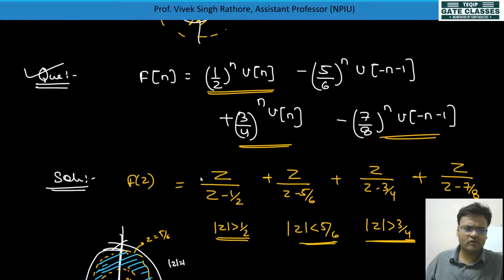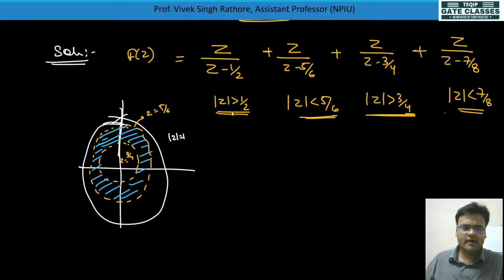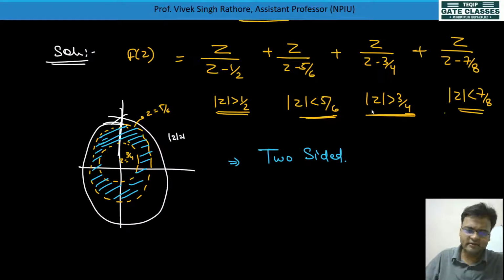We cannot say it is causal, because two portions have ROC outward and two are inward. So we can say that it is a two-sided signal, and it is non-causal because it is inward also. If it were outward only, we could say that it is causal. And we can say that it is not absolutely integrable.